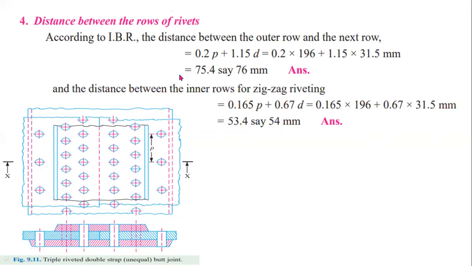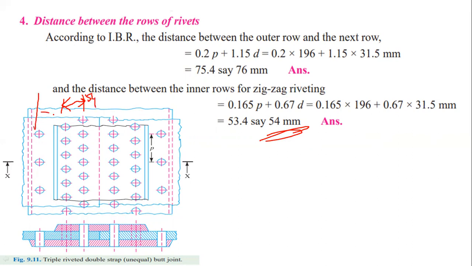Here, this is the formula for determining the row pitch. The distance between 2 successive rows is called row pitch. For inside rows, you have to use this one. 54 mm is the row pitch for inner rows.